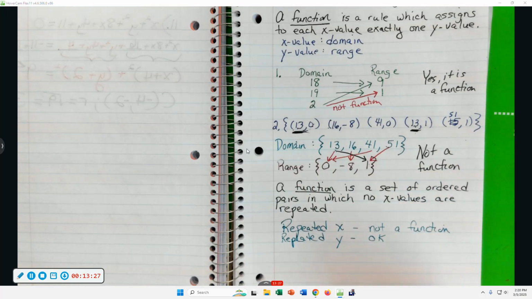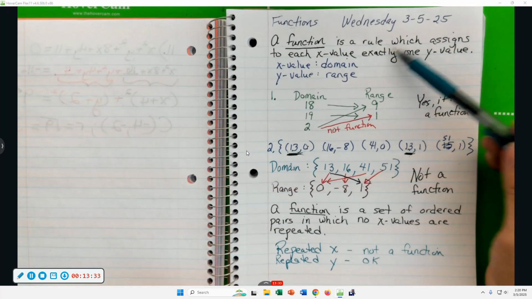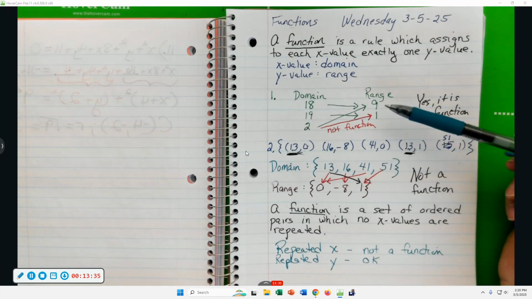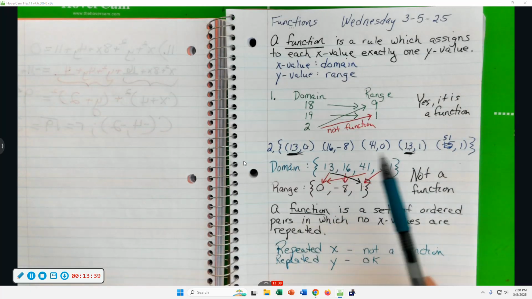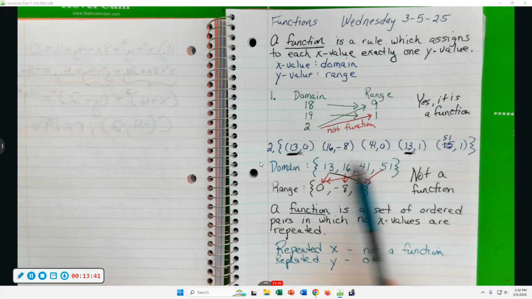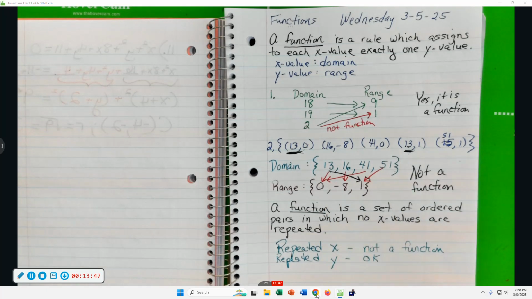So we have two ways of defining function at this point. Just a rule assigning each x value exactly one y value, or you could write it out as ordered pairs. And if you have a list of ordered pairs, then there better not be any repeated x's. Okay?